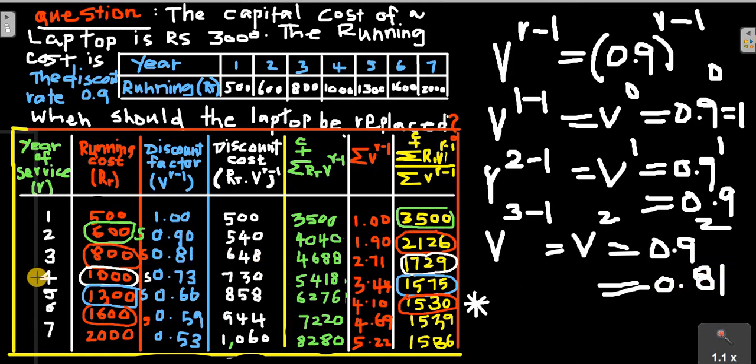Similarly for the fourth year, fifth year, sixth year and seventh year, we will get values down to 0.53. This is the way we can calculate the discount factor.